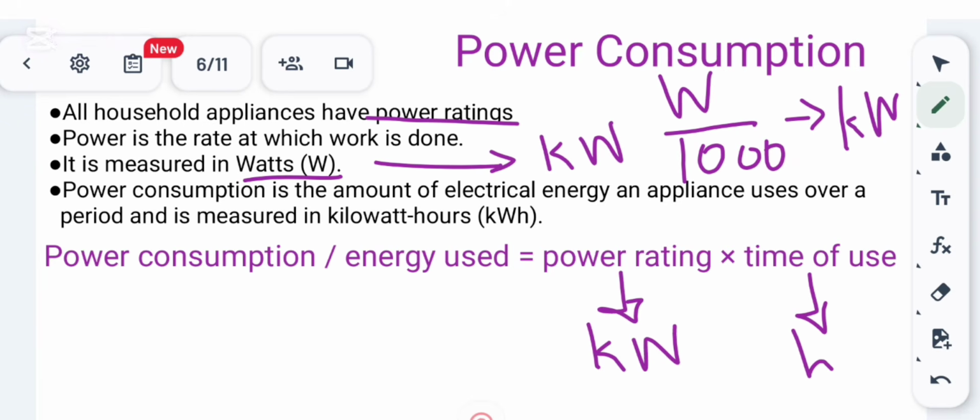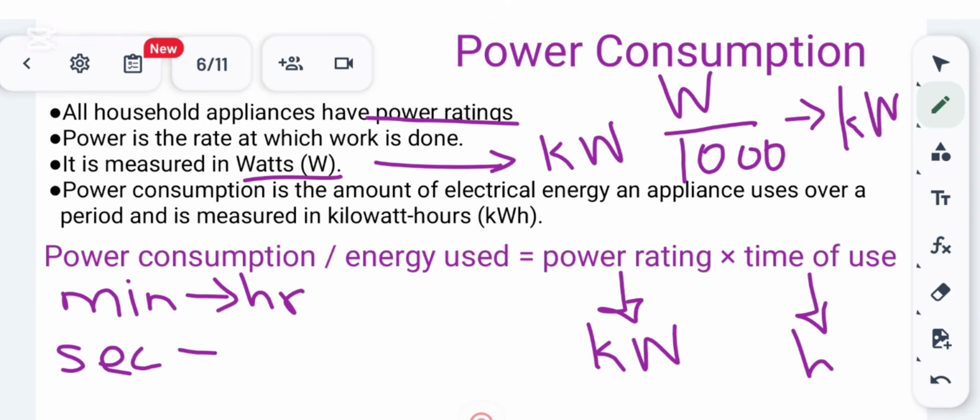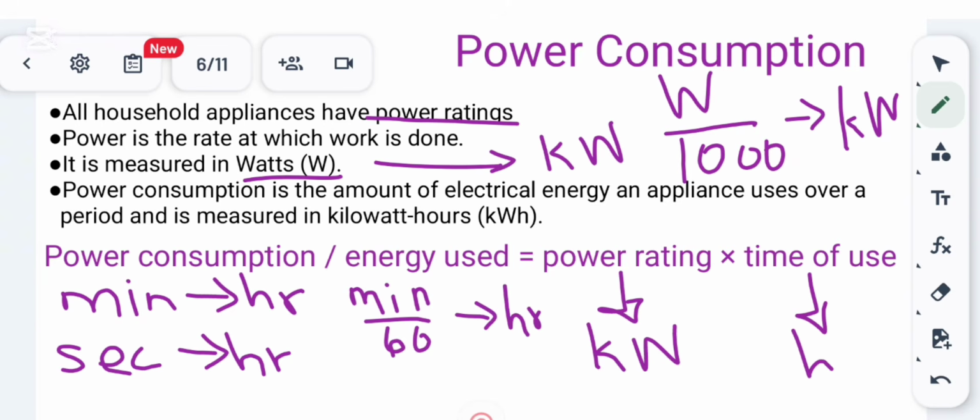Now what about time? Time can be given in minutes and must be converted to hours, or time can be given in seconds and must also be converted to hours. For minutes, we say minutes divided by 60, and the answer will be in hours.